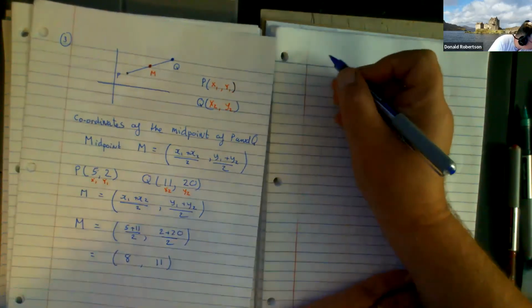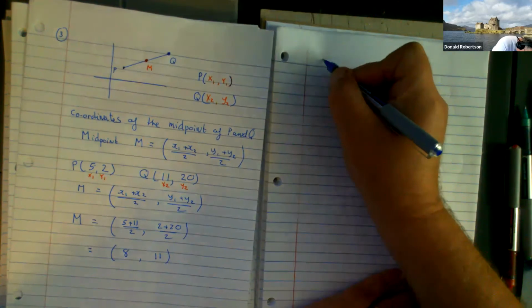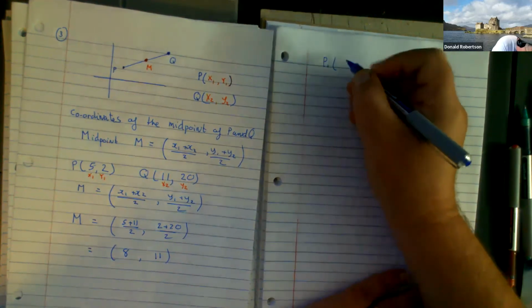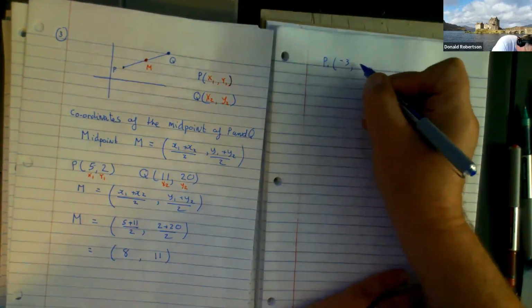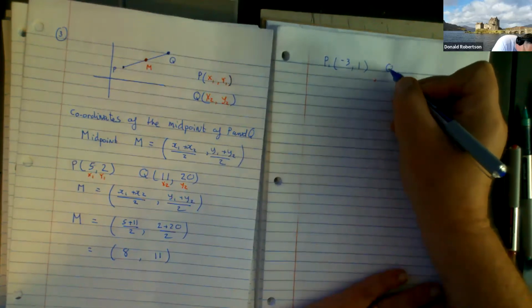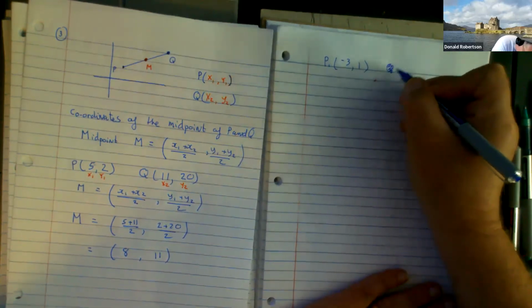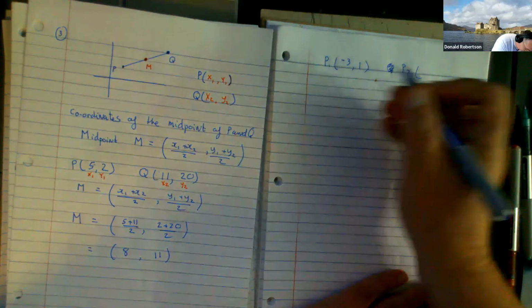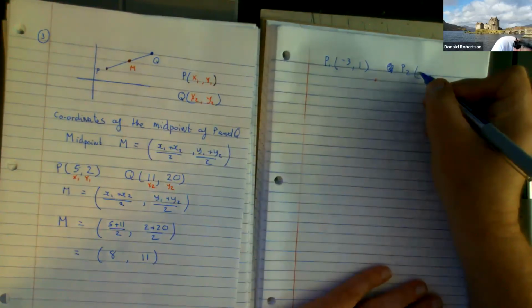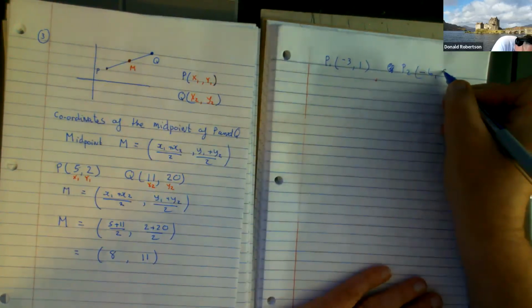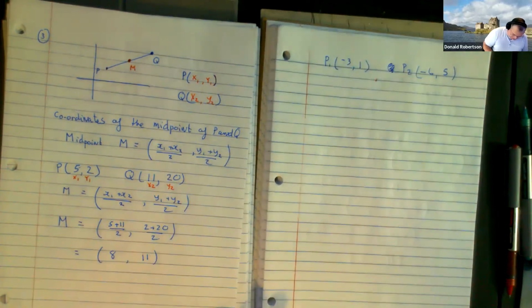Let's suppose that we are asked to find the midpoint, and the 2 points are called P1, which is this guy, and P2, that guy.